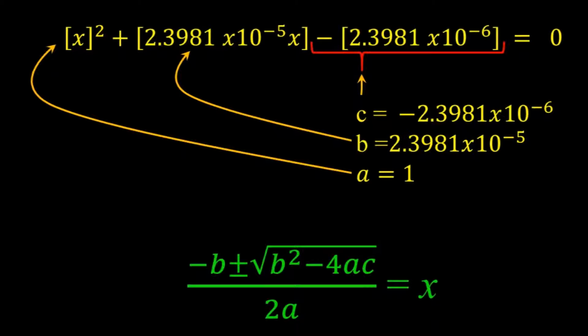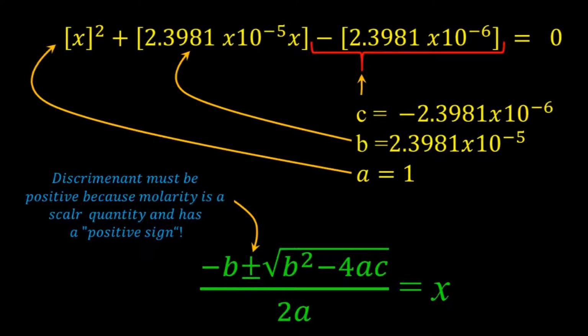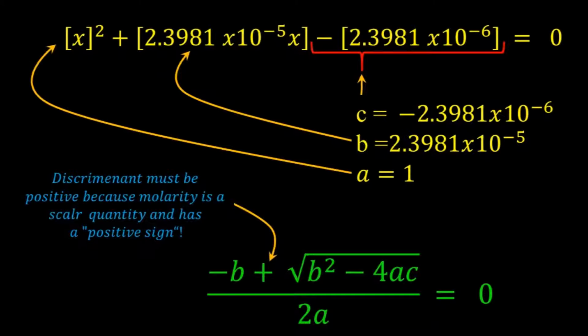But notice that there's a problem with that, and that is the discriminant must be positive, because molarity is a scalar quantity and has a quote-unquote positive sign. I'll explain a little bit more about what that means during class. However, suffice it to say that X has to be quote-unquote positive. Now, let's change that to positive, and let's begin to plug in.